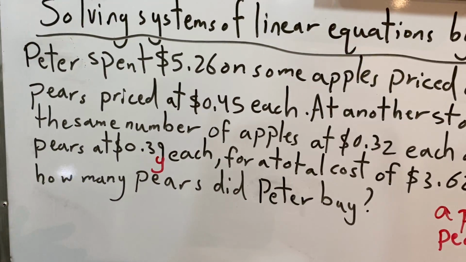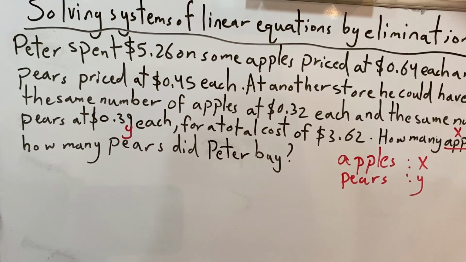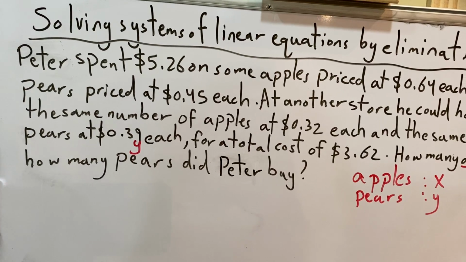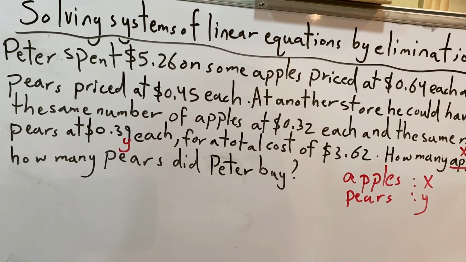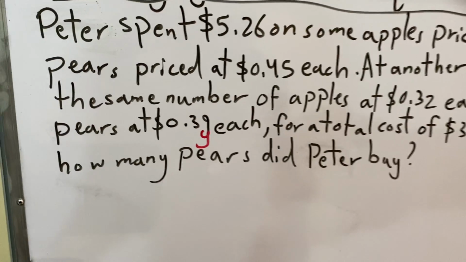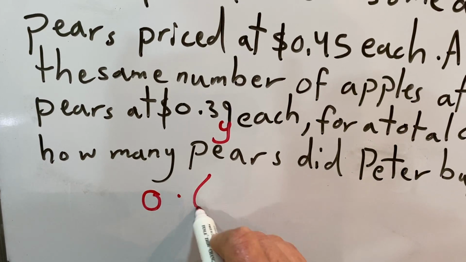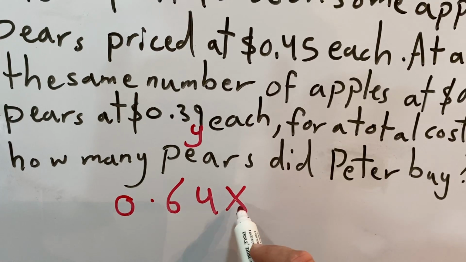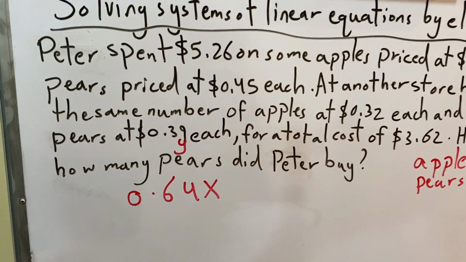Now, to solve this question, I have to make my system of equations. Peter spent $5.26 on the apples priced at 0.64 each, so it will be 0.64x, because the price of apples, which I call X, is 0.64.